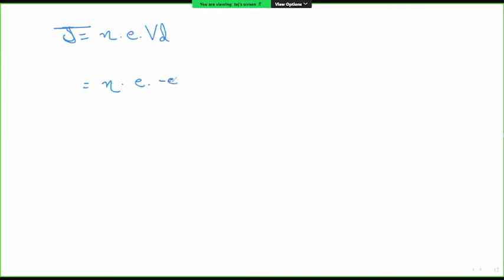Minus e times the electric field by m times the relaxation time tau equals J. Now if you see here, J equals, again guys, I can ignore the minus because the minus indicates that e and E are in opposite directions. I'll ignore the minus, no problem. So N remains, e square, capital E tau by m.